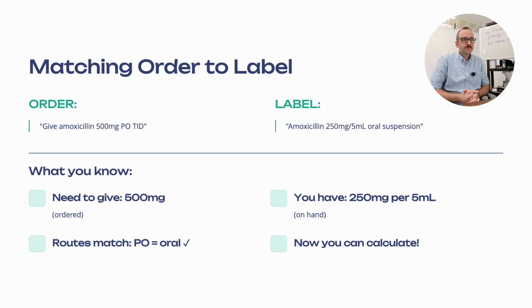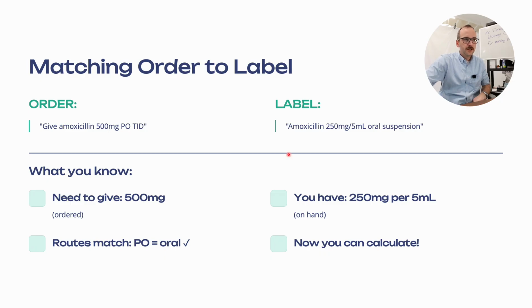All right. Now you'll match the order to the label of the medicine. Remember we talked about amoxicillin earlier. The order is for amoxicillin 500 milligrams PO/TID. So what part of that do I care about? If I'm preparing one dose, which is typically what nurses are doing, I care about this part. 500 milligrams.